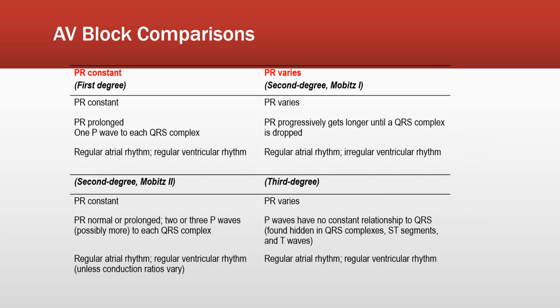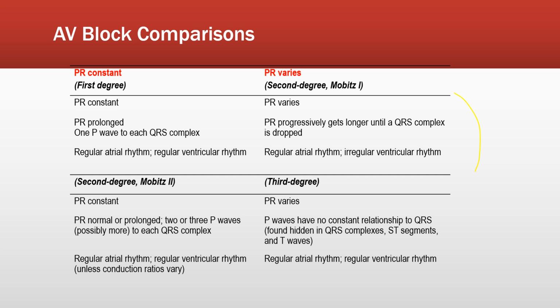And here's just kind of breaking down your AV blocks. So the first degree, you have a consistent, prolonged PR interval. There's only one P wave to each QRS. Second degree, Mobitz 1, your PR interval starts to get longer and longer and longer until it drops.